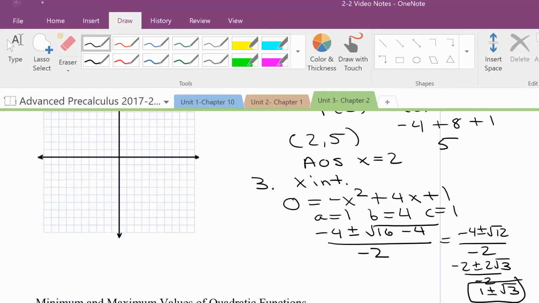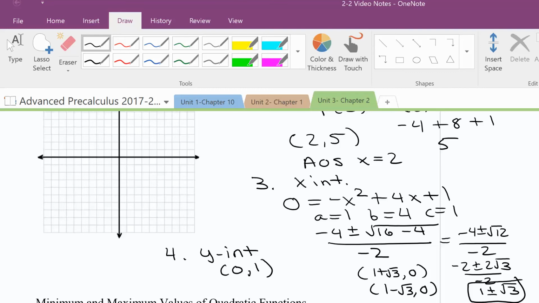Those are our x-intercepts. We have (1 plus rad 3, 0) and (1 minus rad 3, 0). And then our y-intercept, when we put 0 in for x, we get 1.